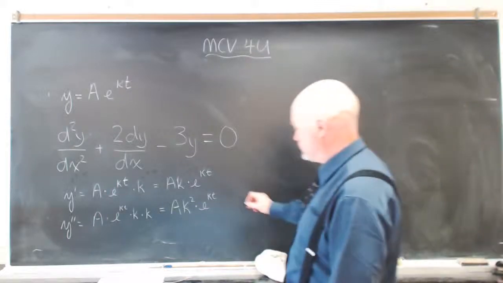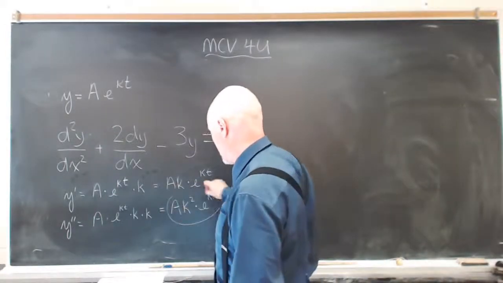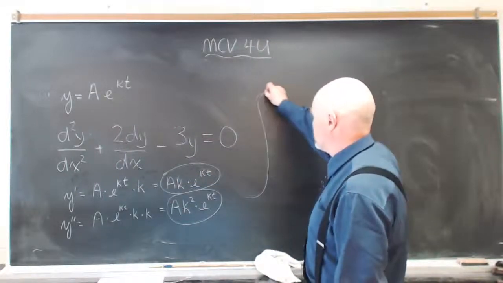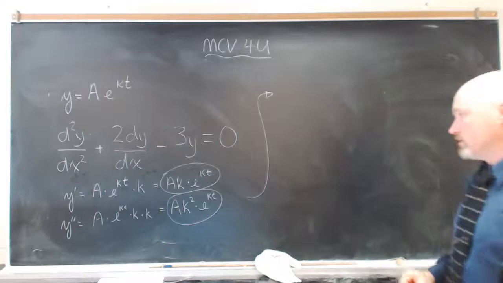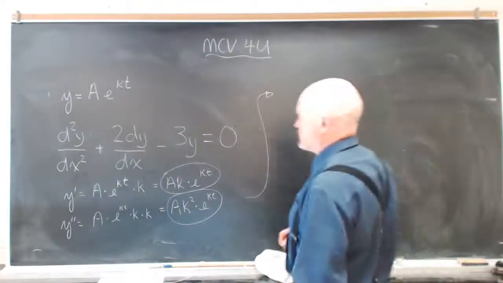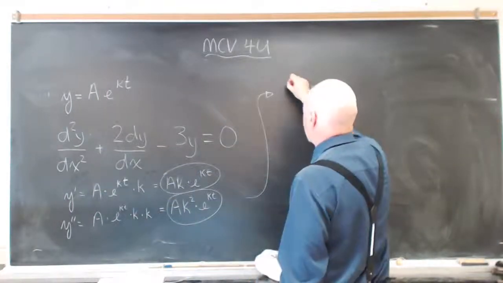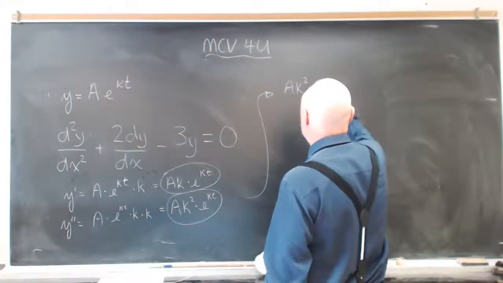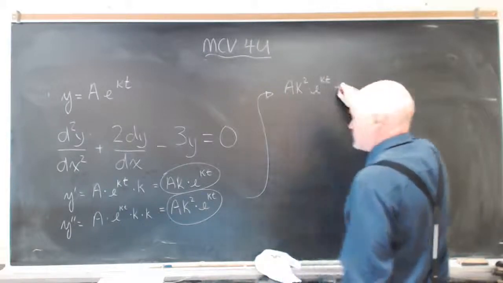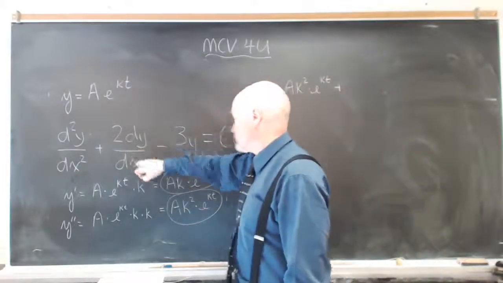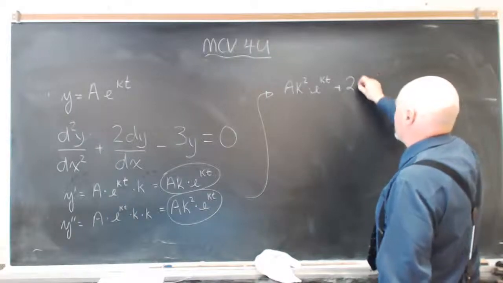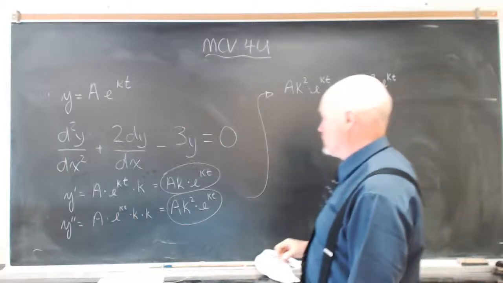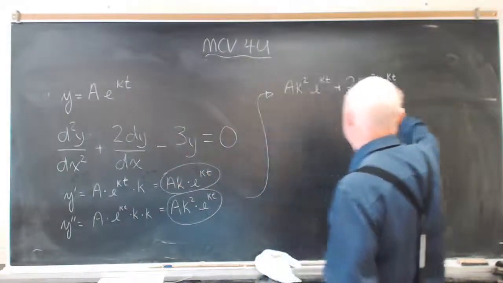Does that make sense so far? Yeah. Okay. So this is like question number 10. This is like second year calculus in university. So, second derivative, ak squared times e to the kt, plus 2 times the first derivative, and then minus 3 times y.